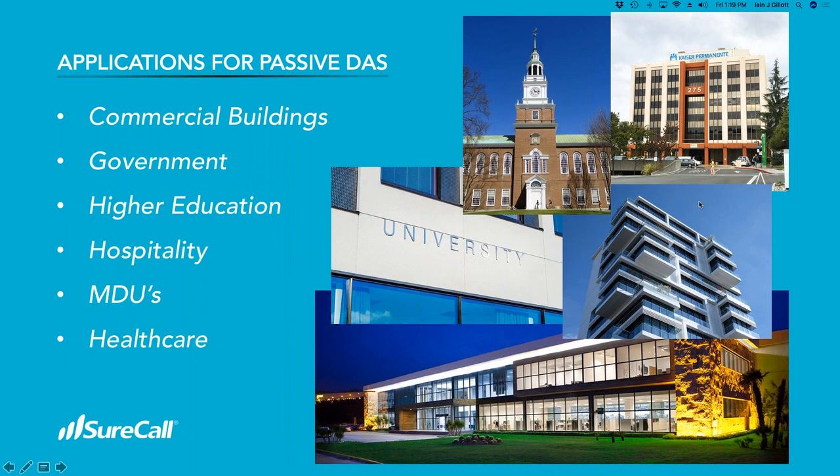Low E glass is really good at blocking RF signals. Actually, as you get higher in the frequency bands, the radio signal will bounce off those windows, especially if they're wet. Radio signals don't like water.